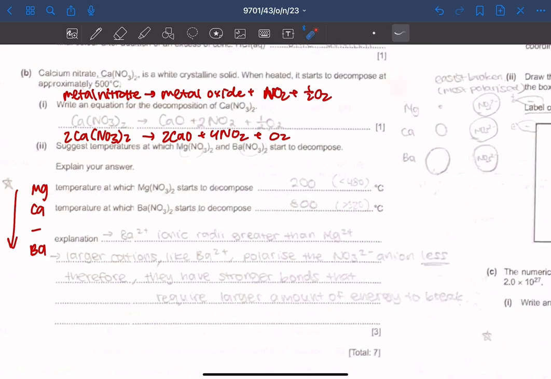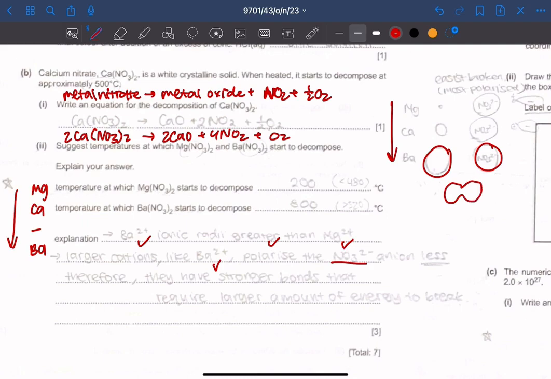So from this diagram, we can see that as we go down the group, Mg, Ca, and Ba, the size increases. The atomic radius of Ba2+ is far greater than Mg2+, and so larger cations like Ba2+ polarize the nitrate ion less because it's of similar size, and so their polarization is not that much, and therefore they have stronger bonds that require a larger amount of energy to break.